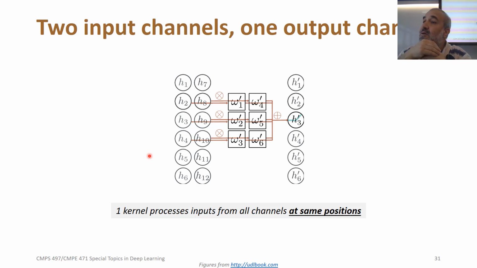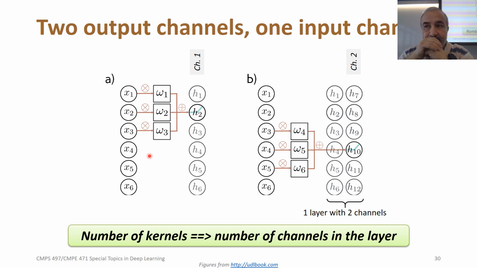These are hidden units in one layer. Here, because we have 2 kernels, we have 2 channels in the same layer.